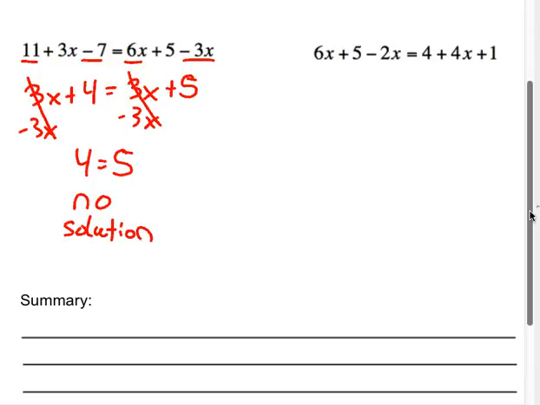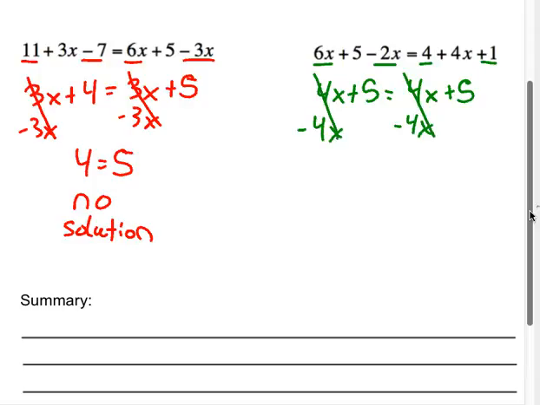Now, let's look at the other problem, okay? So here, when I clean up this side, 6x minus 2x, oh, that leaves me with 4x. Here, I see 4 plus 1. So this time, again, I have the same x's on both sides.